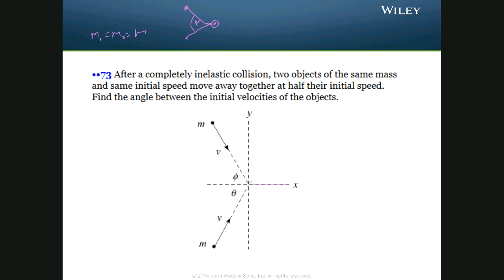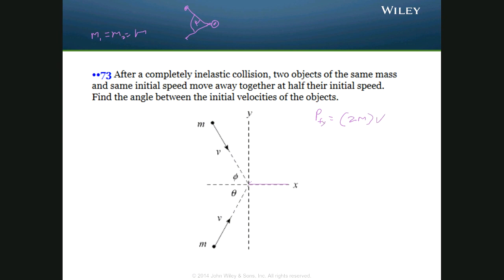So one thing we can notice is that this is an inelastic collision, so we know that our final momentum P will be the sum of the masses, so 2m, in the y direction times the speed in the y direction.